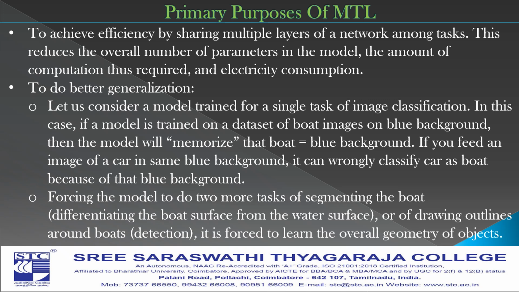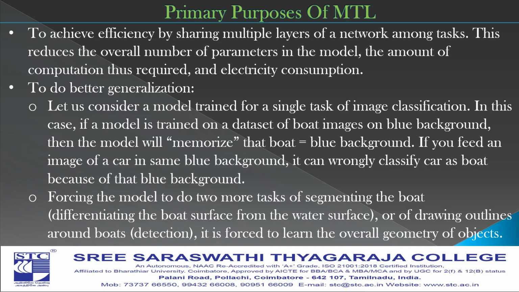By making the network do more tasks at the same time, the network is forced to learn the geometry of the shapes that are there. Which means it learns a generalized representation of the images that are fed to it.